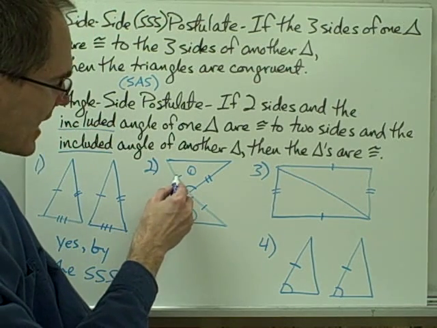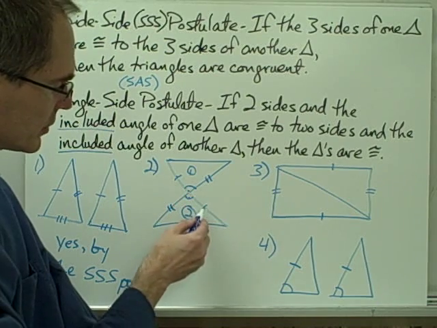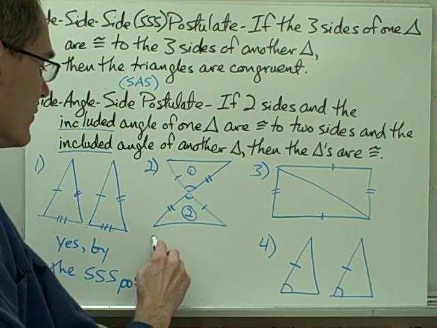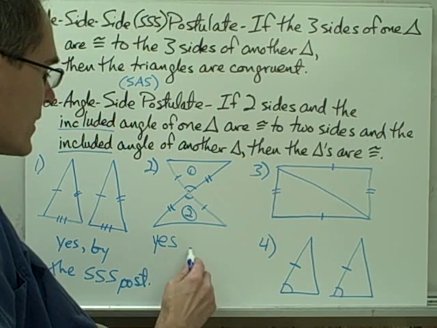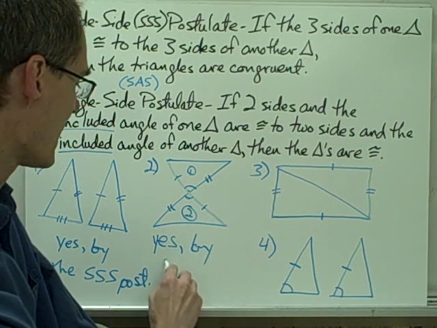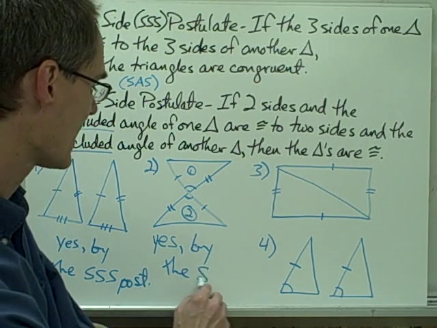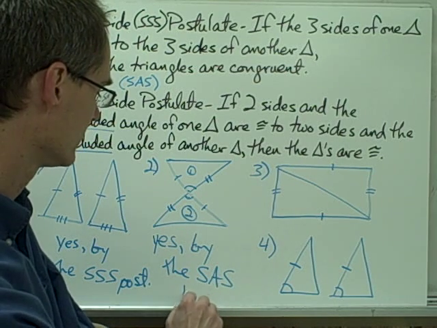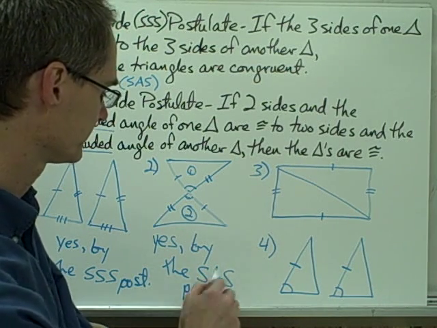So I have side, angle, side, congruent to side, angle, side. So this pair of triangles, are they congruent? Yes, they are, by the side, angle, side postulate.